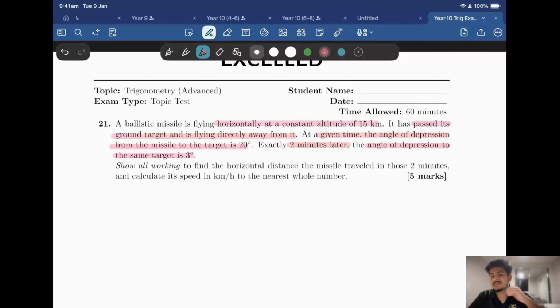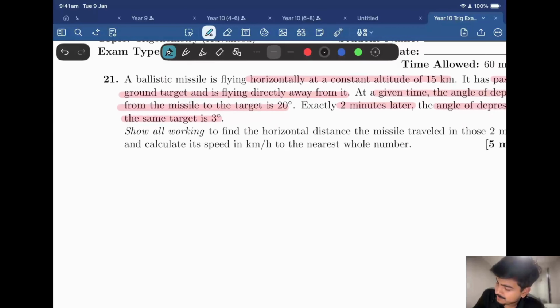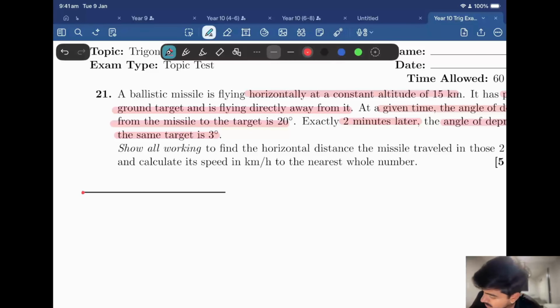Okay, this is a very nice question. We've done this before. Okay, so let's draw out what this looks like, okay? So this is the path of the missile, right? And so it starts off at this point, right? This is the target, okay?